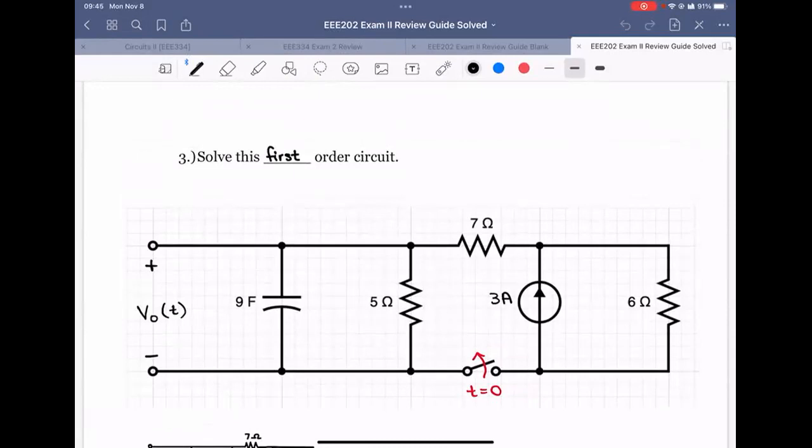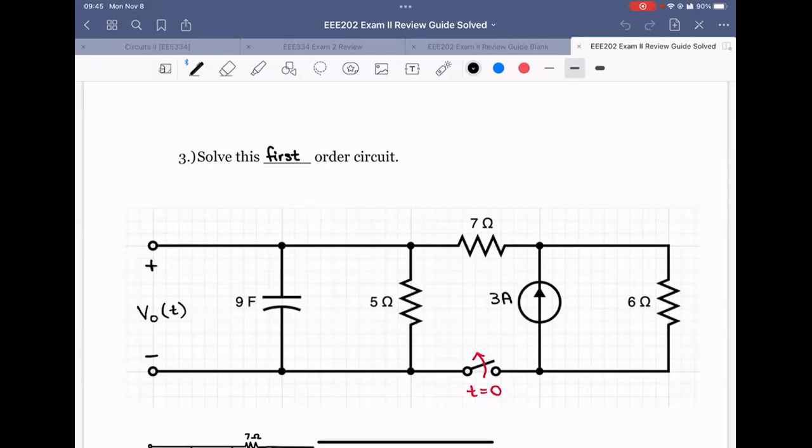So we want to start with analyzing the three different main times we have: 0 minus, 0 plus, and infinity. I usually start with 0 minus, and that's usually where you'd want to start too, because when we do that, we can make some good generalizations.